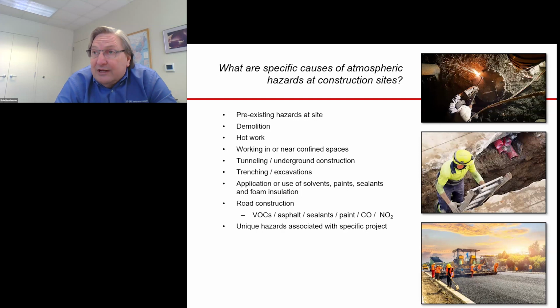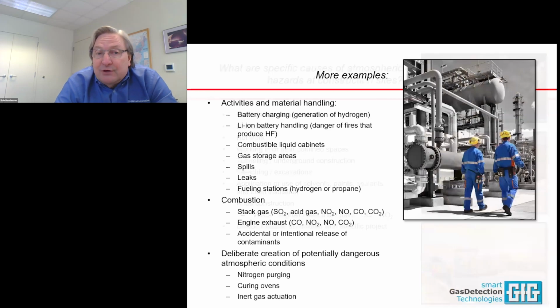Not everybody has that. But when you have a special project going on and a special task that needs to be performed, be aware that it can alter or add additional hazards to the atmosphere that need to be measured.